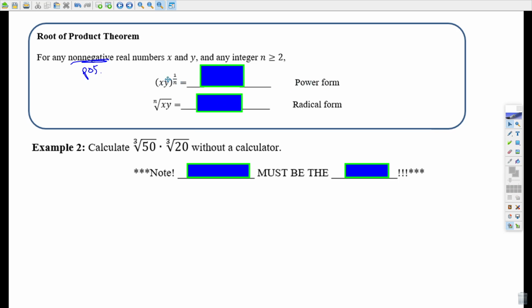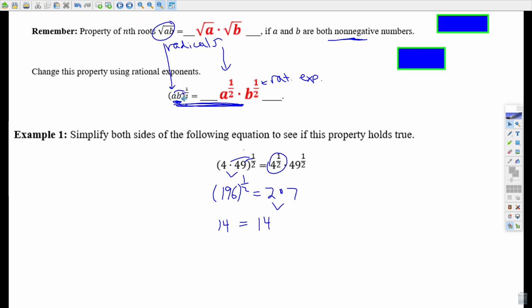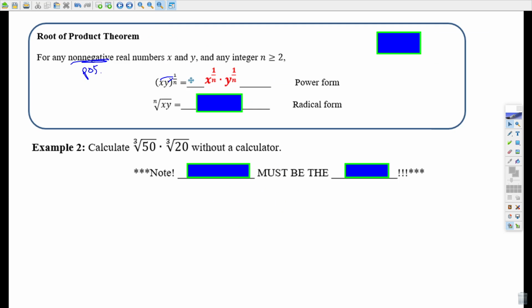In the power form with an exponent, you can just put the 1 over n to everything. So it's the same idea. So we can write this out as x to the 1 over n, and also y to the 1 over n. It doesn't really matter what number is on the bottom. The last one that we did back here, it was 1/2. But we can have any number in the denominator here. It's 1 over whatever, as long as it's bigger than or equal to 2.